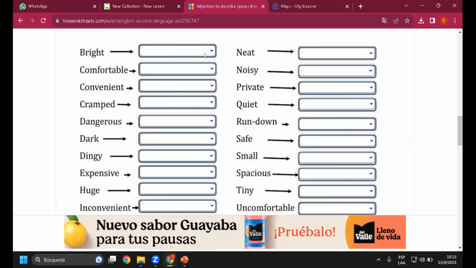So for example, bright. We already studied what the meaning is. So guys, bright is positive or negative? Positive. Very good. How about comfortable? Positive. Positive too. How about convenient?